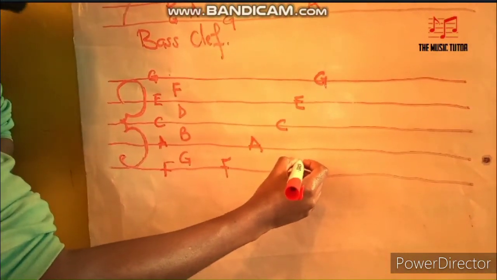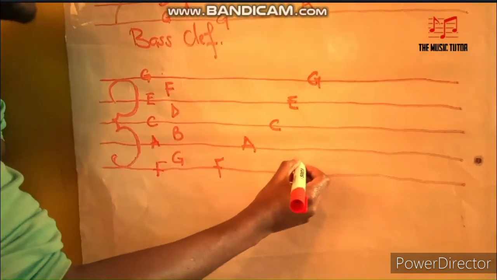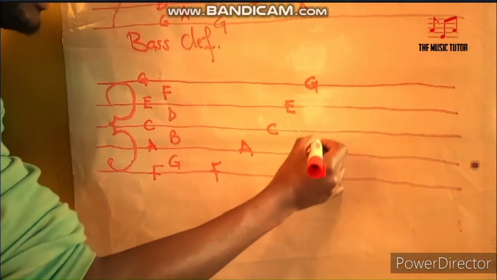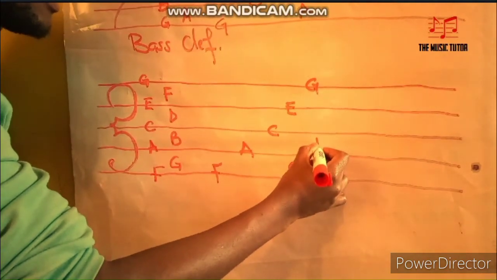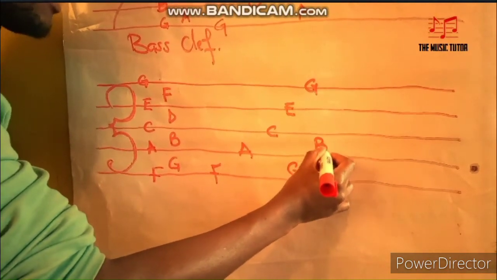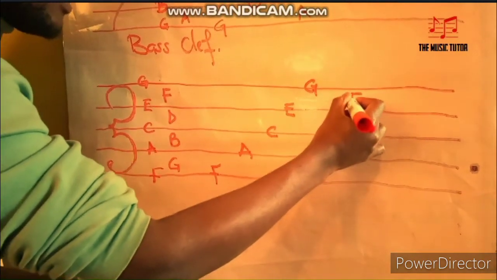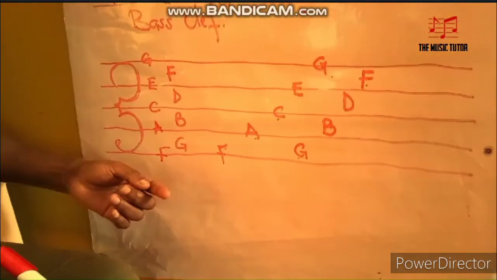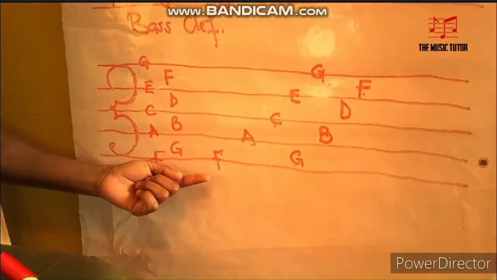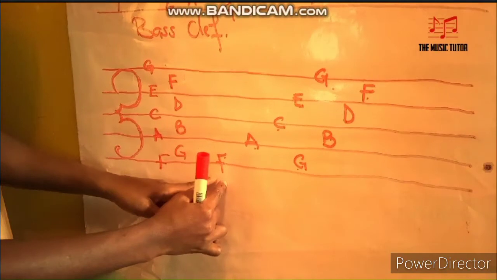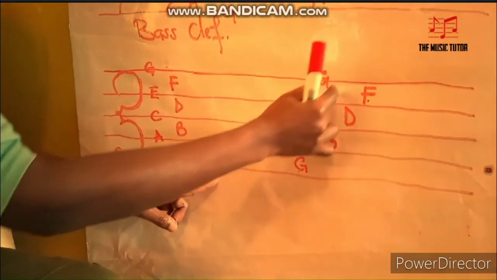The spaces also have letter names. The first space is space G. The second space is space B. The third space is space D, and the other one is space F. And such, we memorize these lines as favor, all cows eat grass.